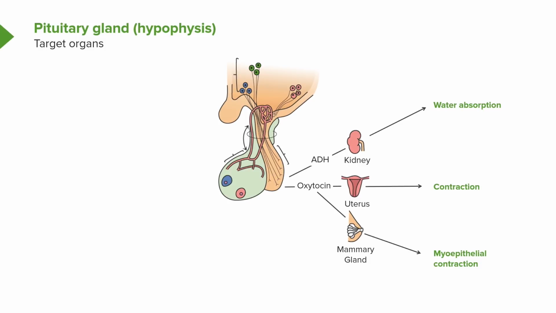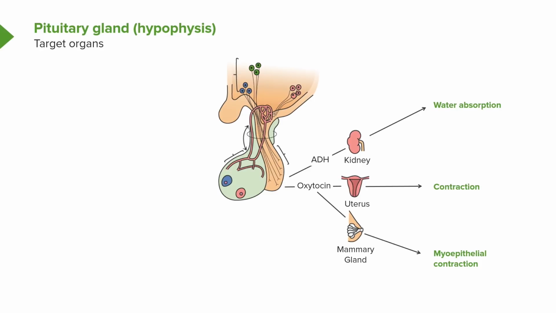And they're released in the posterior pituitary into those fenestrated capillaries I've just mentioned. And those two hormones have effects on various target organs that I've listed there, and just basically their general function, what they actually bring about in those organs.